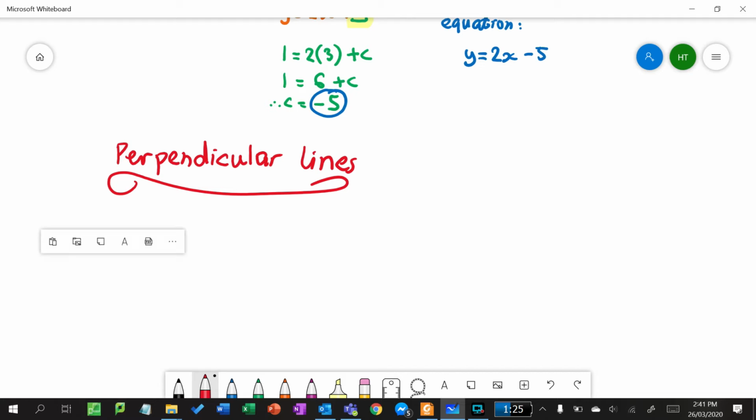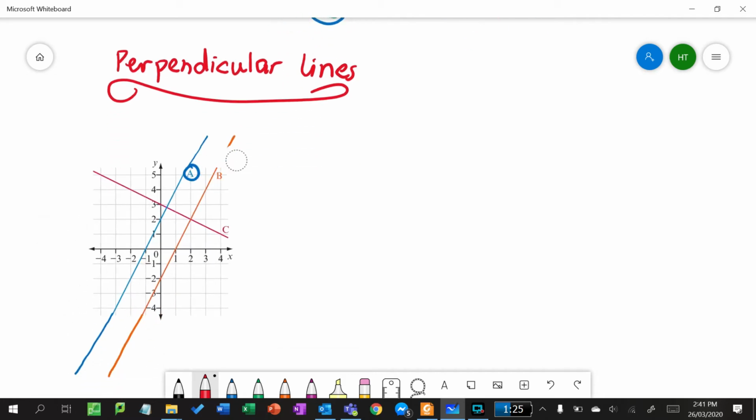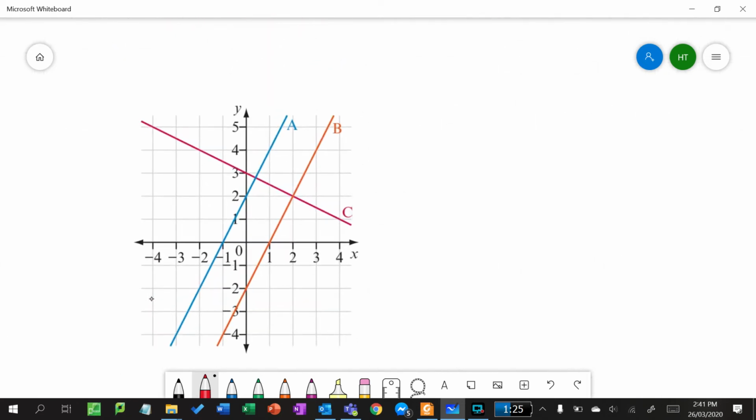For example, let's take a look at this picture again. I'll clear this out. Now let's take a look at this one here. We can see we've got line A, which is the blue line, and we've got the pink line, line C, and they meet each other at this point here, which I put in green.